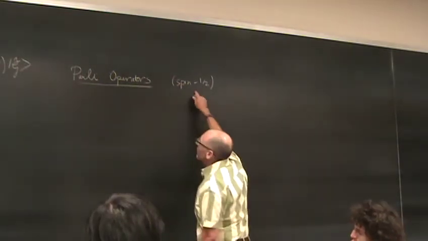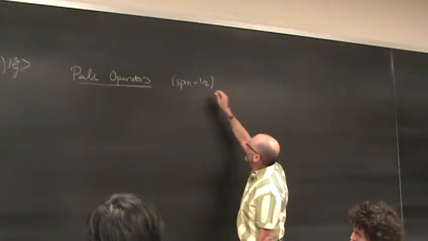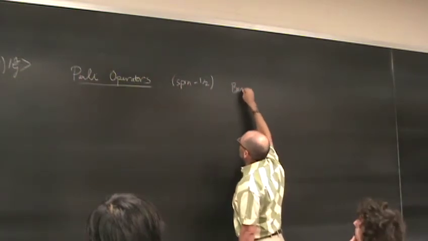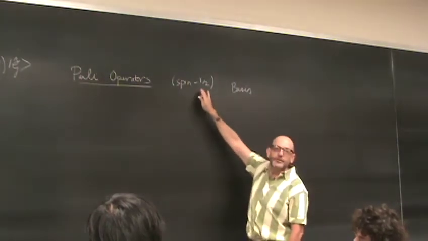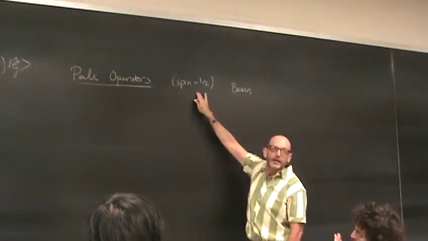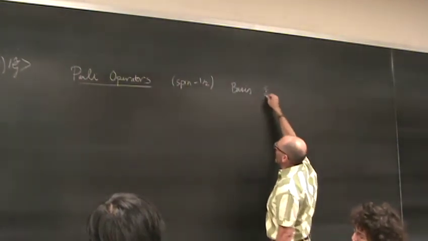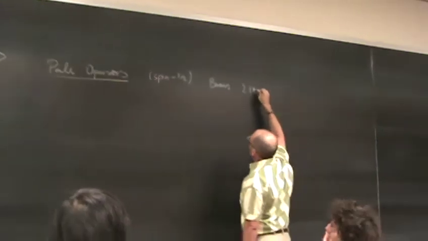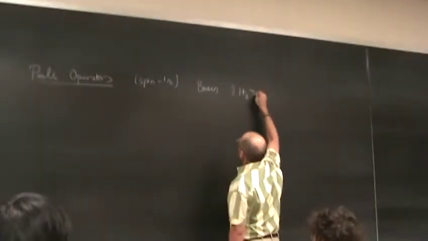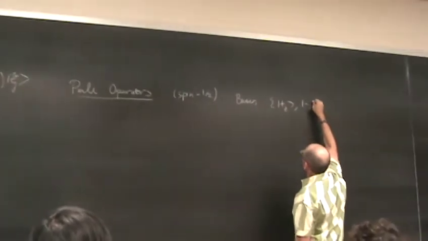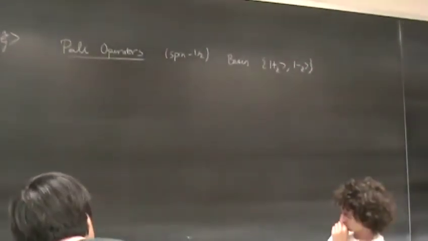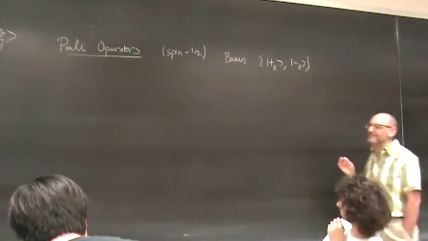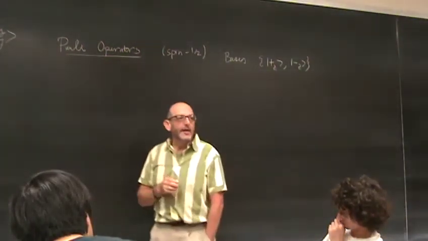So if I have a spin 1/2 particle, then we know that I can form a basis for the space that describes the spin state as two possible spin states. I'll call them spin up along Z and spin down along Z, and I'll call them plus and minus for reasons that will become clearer in a moment. Okay?